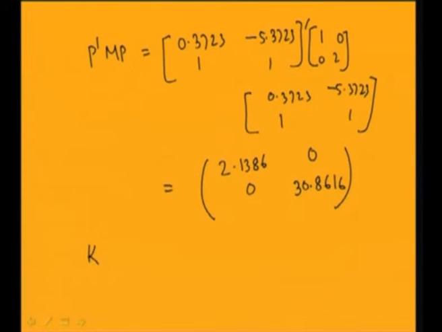Similarly, you can find P transpose kP equal to 33.60, 0, 0, 4916.5. So you can find from this that both P dash mP and P dash kP are diagonal matrices.